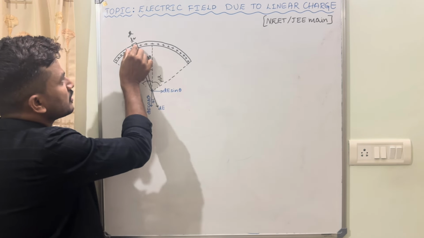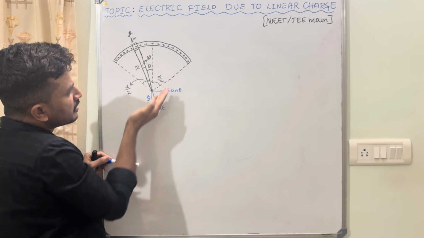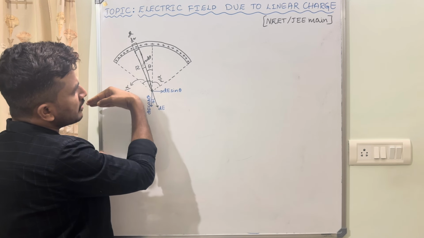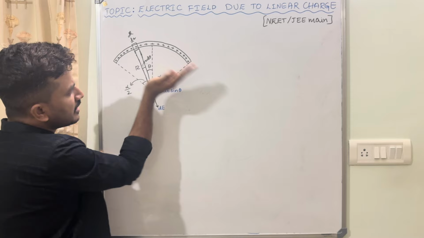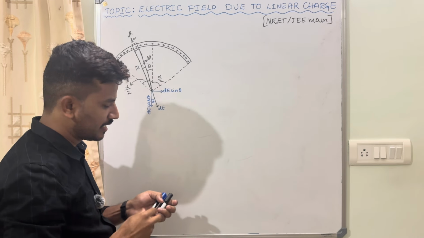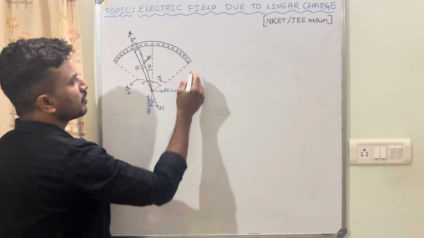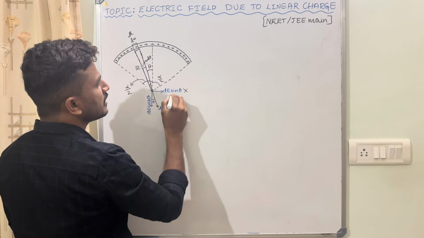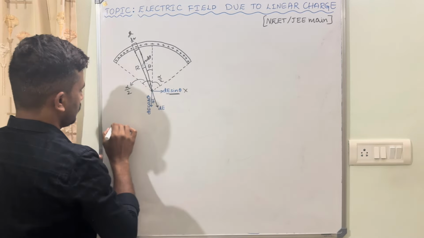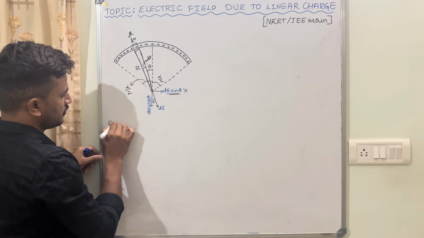Sir, what if I take this component on this side? Sin theta will come on this side, right? So the dE sin theta components get cancelled.